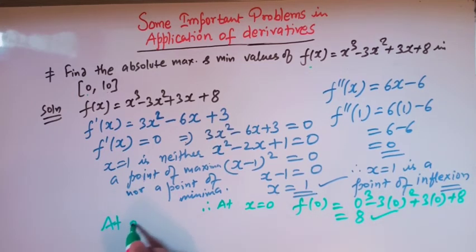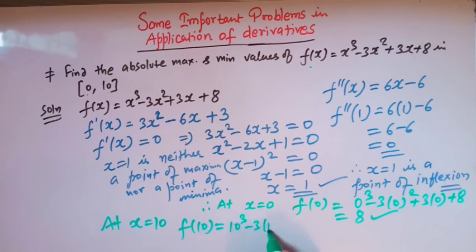And at x equal to 10, the value of f of 10 is given by 10 cube minus 3 times 10 square plus 3 times 10 plus 8, right?